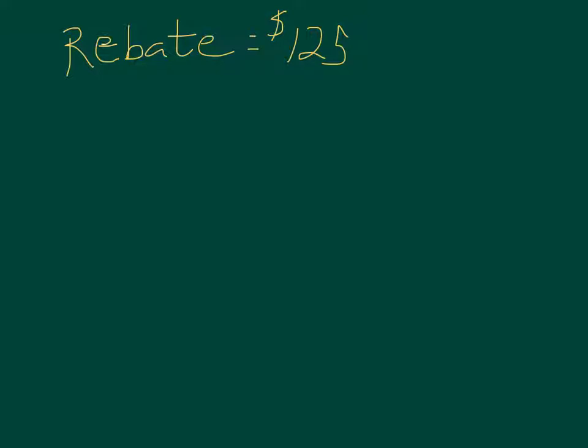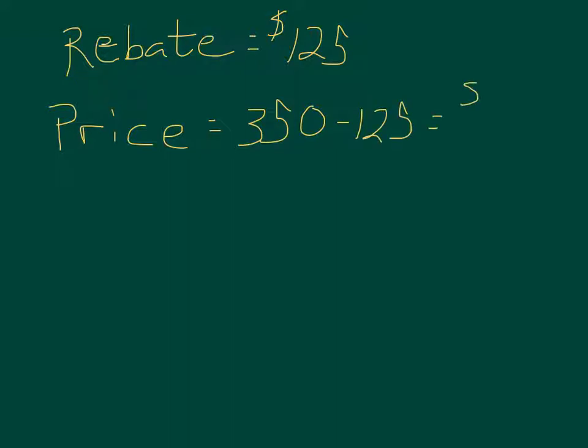Some other questions that may be asked will be, what price are we actually selling the TVs for? So if the original price was $350, but we're giving a rebate of $125, the new price becomes $225. They could also ask you how many TVs are being sold.